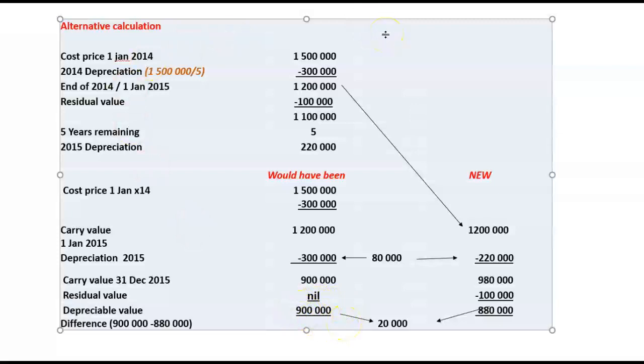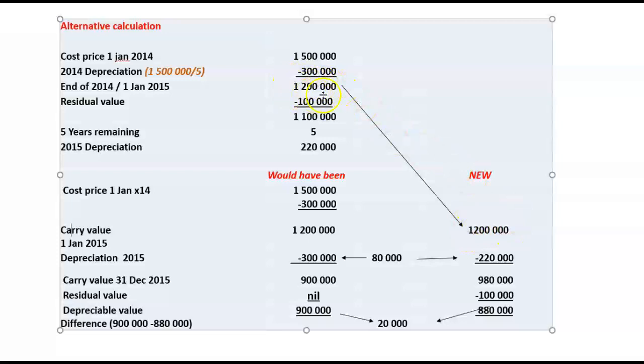Now we're going to apply the reallocation method in order to effect the change in estimate. So where do we start? We start at the carry value as at the beginning of the year, 1.2 million rand. Now we're going to apply the new estimate on the carry value as at the beginning of the year.